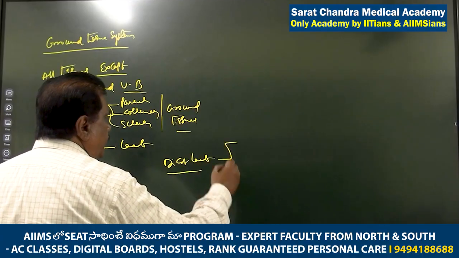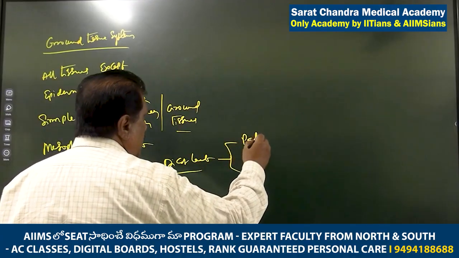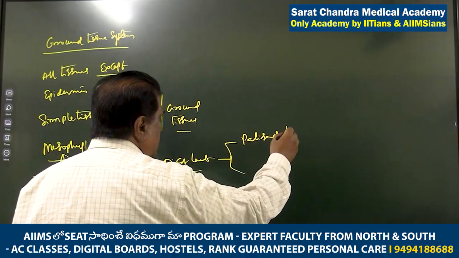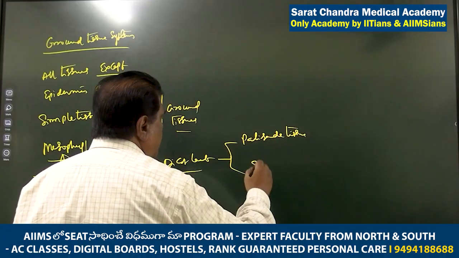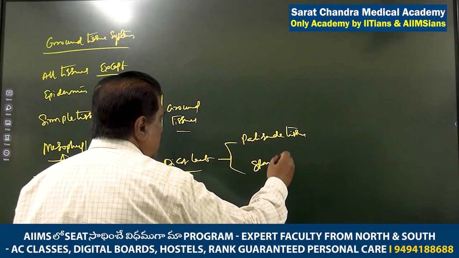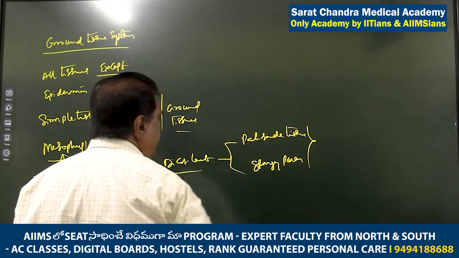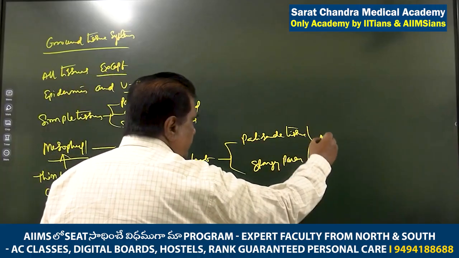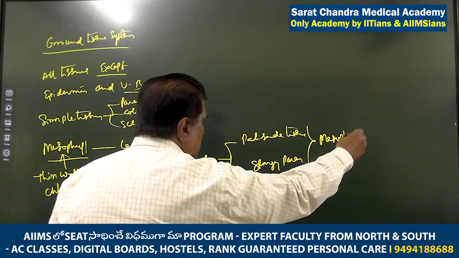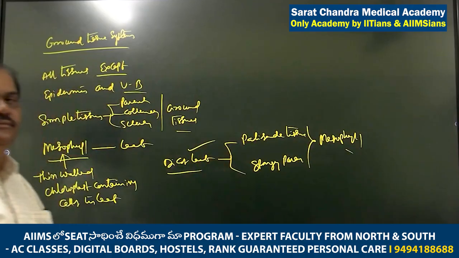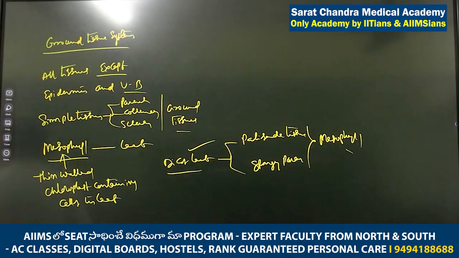In dicot leaf, the mesophyll is differentiated into palisade tissue and spongy parenchyma. Palisade tissue and spongy parenchyma together are called mesophyll in dicot leaf. So that is ground tissue system.